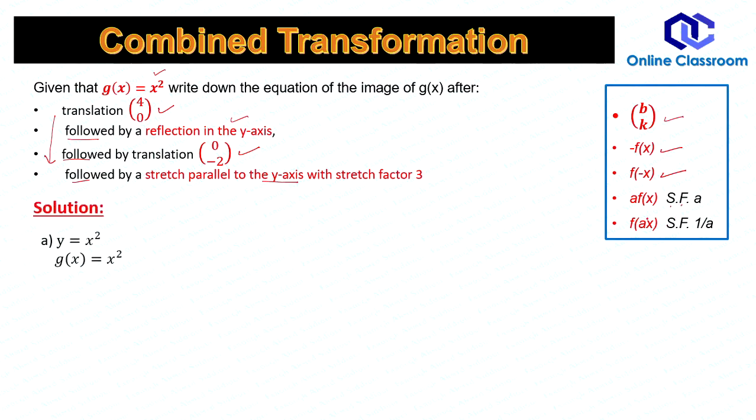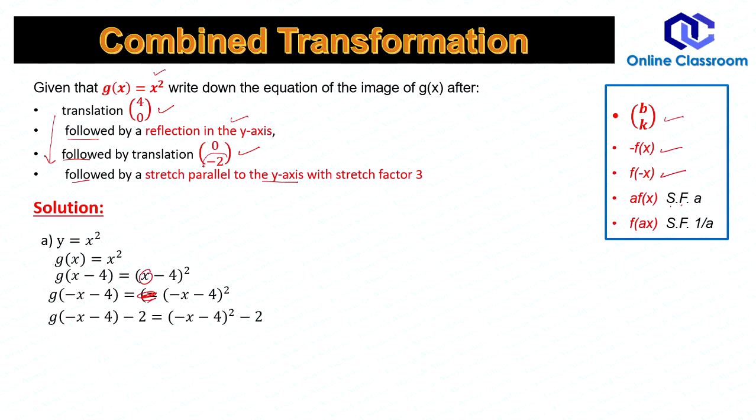Now first step, what should we do? It's 4 here. Translation horizontally, I should write (x minus 4) whole square. Reflection in the y-axis means you need to replace x by negative x. Then what's the next step? Translation vertically downward.